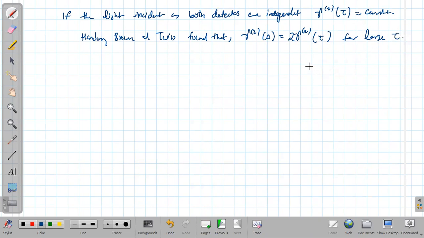So what does it mean? It means that for zero time delay, the photons are arriving simultaneously at both counters. So it says that the photons must be arriving in pairs at zero time delay, but they may become independent at longer time delays.